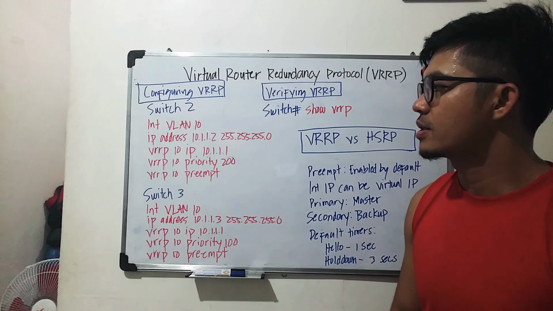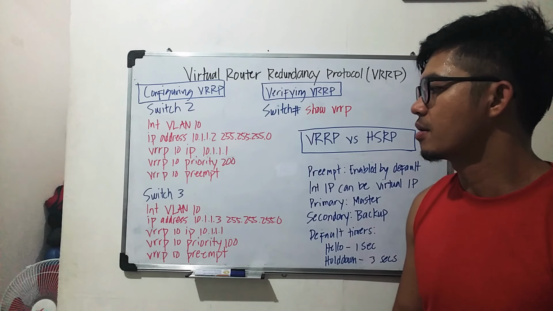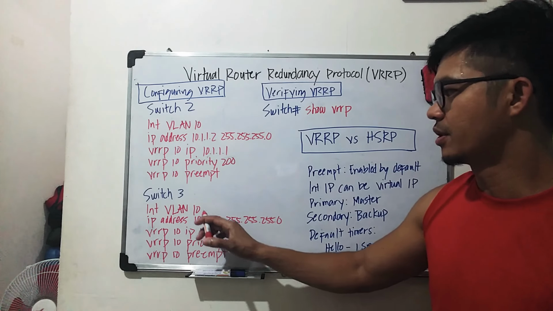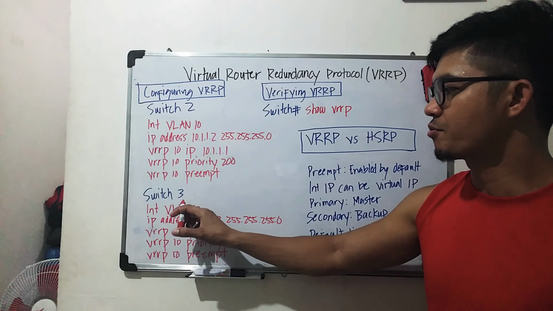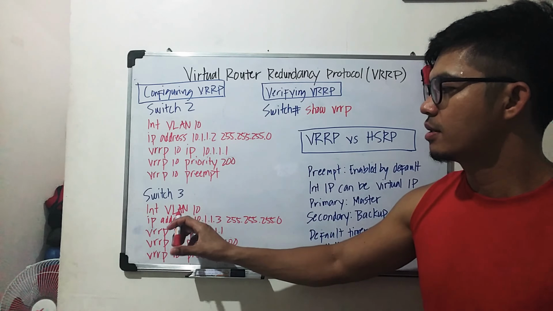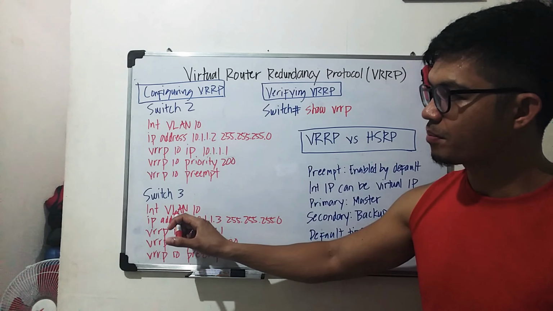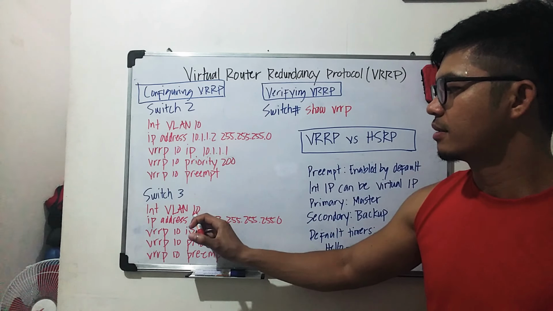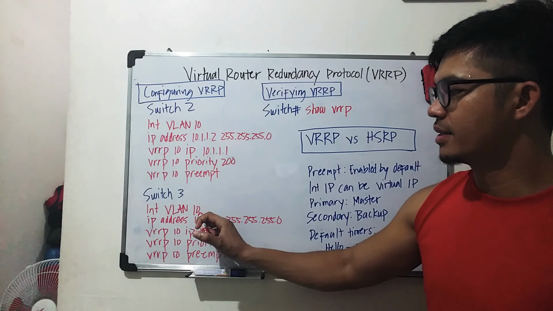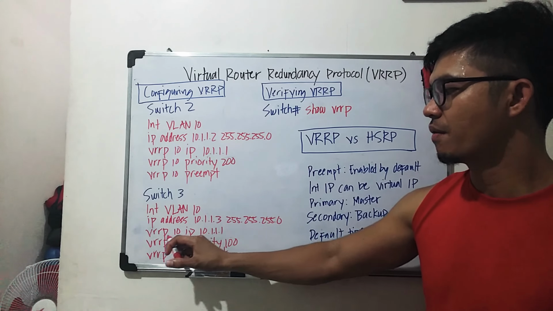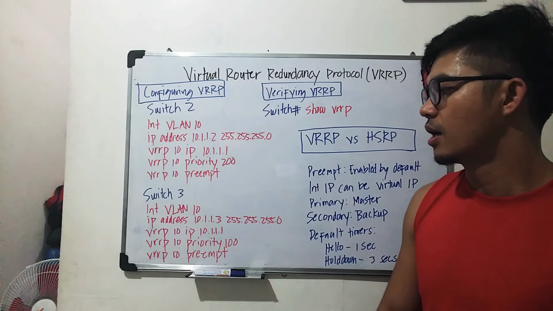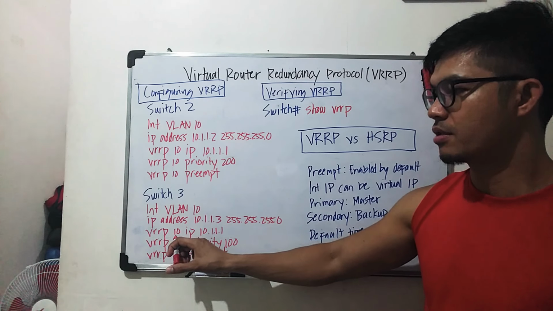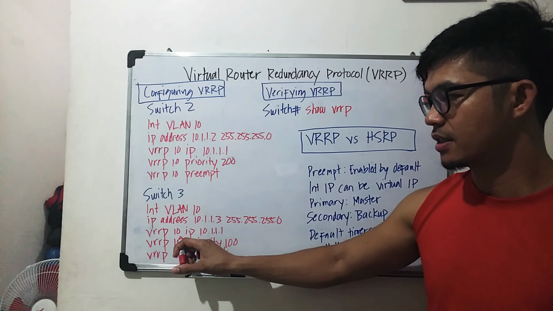So let's talk about how we can configure the backup router, or secondary router. Here I'm using switch 3. Same interface, interface VLAN 10. And by the way, this doesn't have to match VRRP 10, because the VRRP group number here is locally significant.